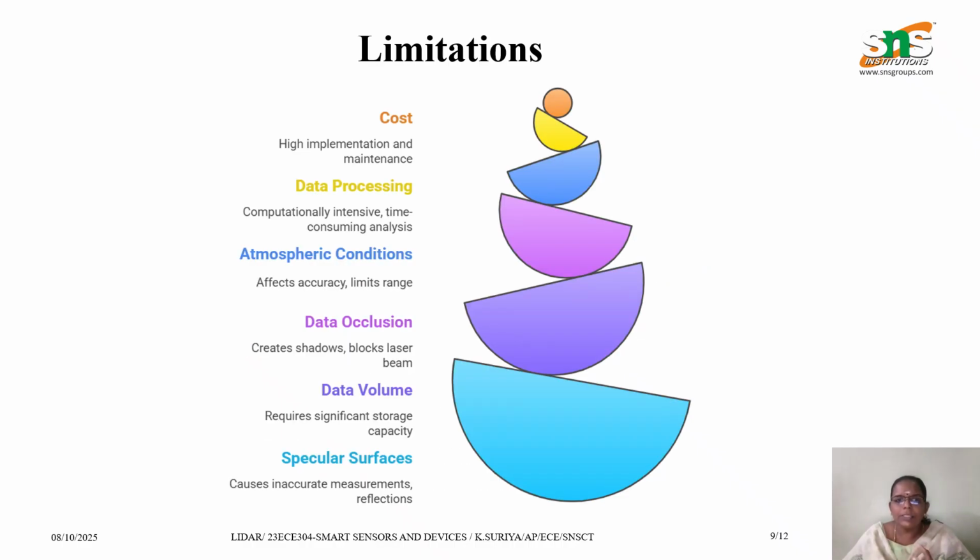Some of the limitations are it can be expensive, especially high-end airborne and spaceborne systems, and processing of the data is computationally intensive and time-consuming. Also, objects can block the laser beam, creating shadows in the data, and the LiDAR data can be very large, requiring large storage and processing capacities.